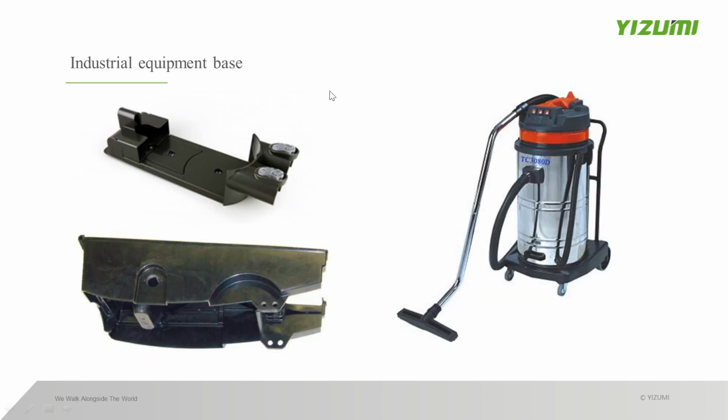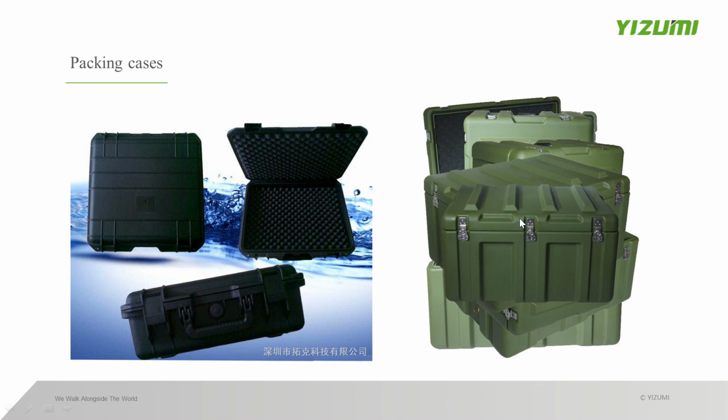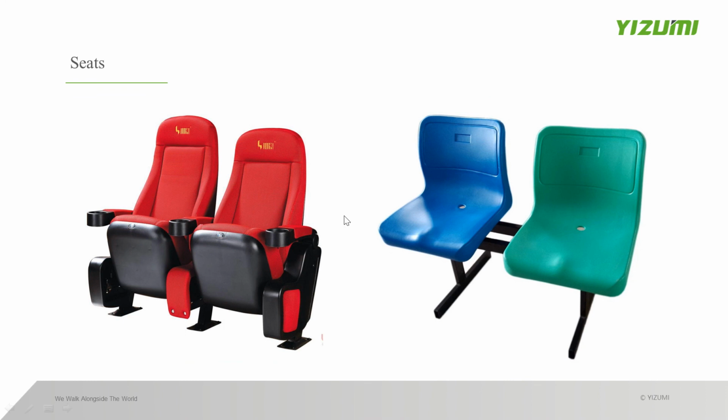Here is industrial equipment bases, because the bases bear some weight, so they need high stiffness and high impact strength. This is what fiber reinforced parts can offer them. Also for the packing cases, now they always use composite panels with long glass fiber or short glass fiber.